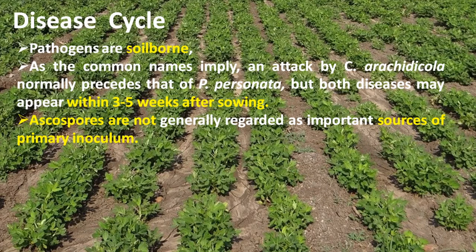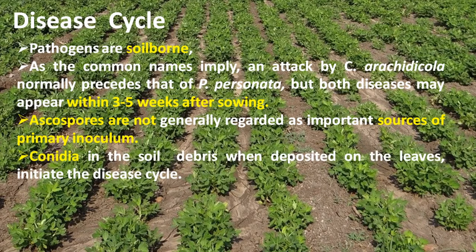Basically conidia, which develop in this fungal life cycle, develop from the mycelium present in crop debris in the soil, following early rains, and after that they may get deposited on the leaves of young groundnut plants by rain splash or wind, and then they initiate the disease cycle. So this is a very important aspect of how the disease cycle may commence.